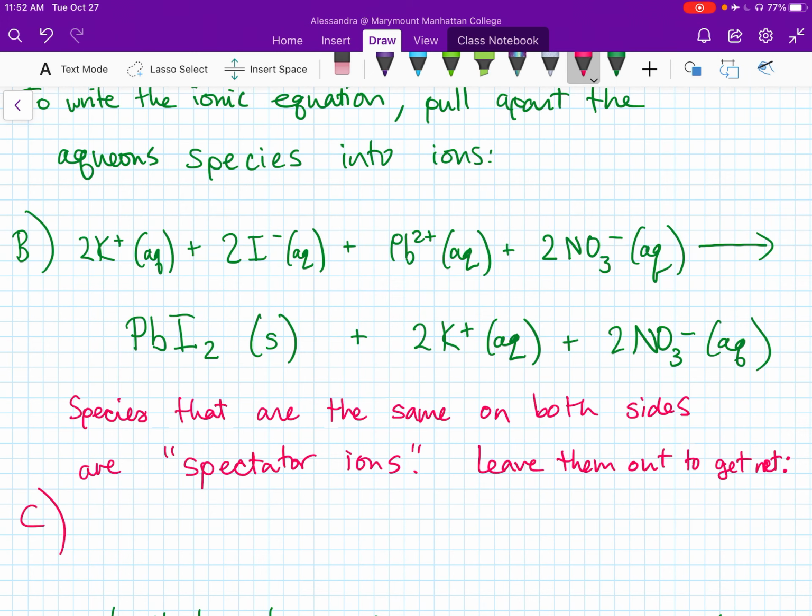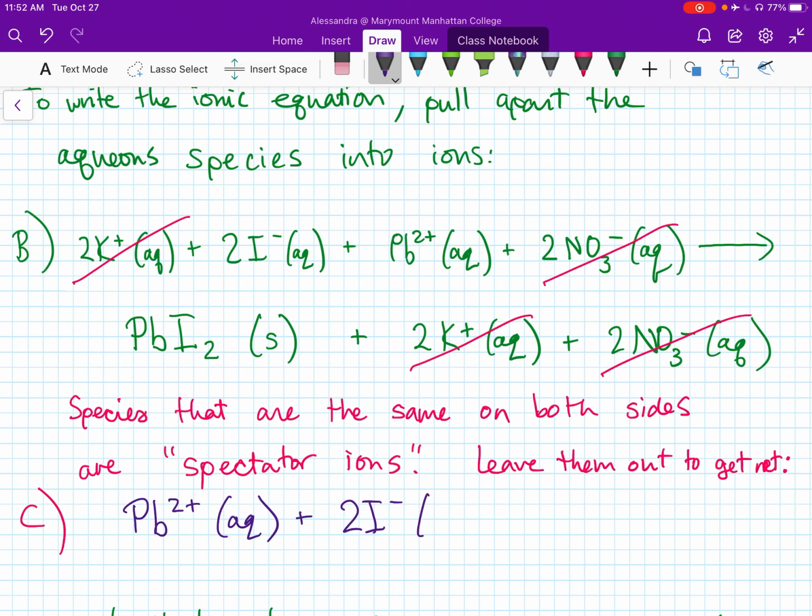So the net equation is just going to be, let's see, I'm going to cancel out the ions that are the same on both sides of the reaction. I'm going to be left with, and I'm going to reverse the order just to make it a little prettier, lead 2 plus coming together with 2 I minuses to make the PbI2 solid.